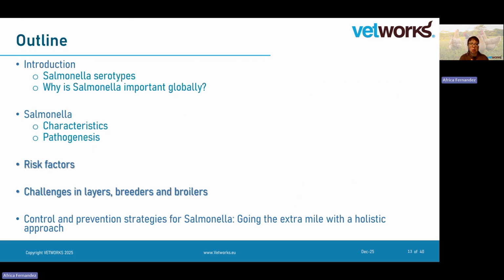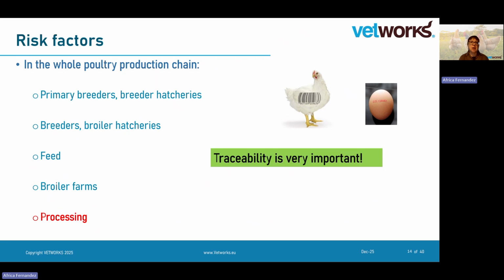So if I now go into risk factors and challenges in poultry production, concentrating on these two aspects. In terms of risk factors in the whole production chain, we have to walk through the whole: primary breeders, the breeder hatchery, the breeders, the broiler hatchery, the feed, broiler farms, and processing.